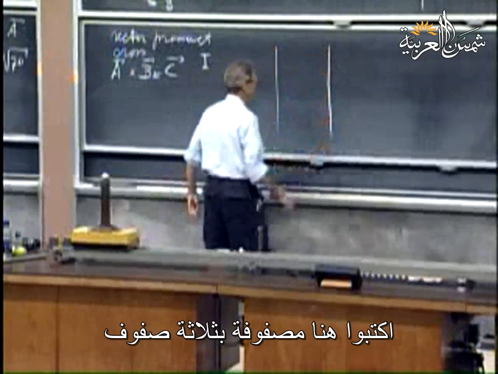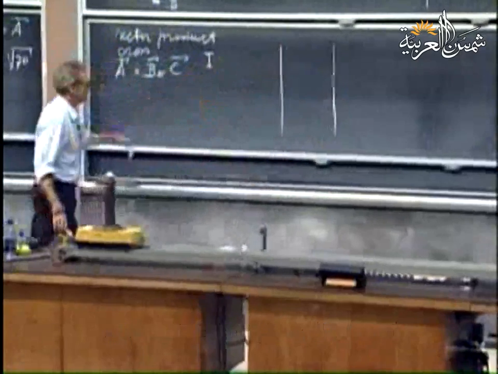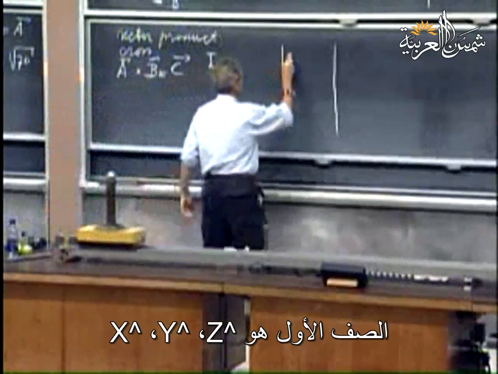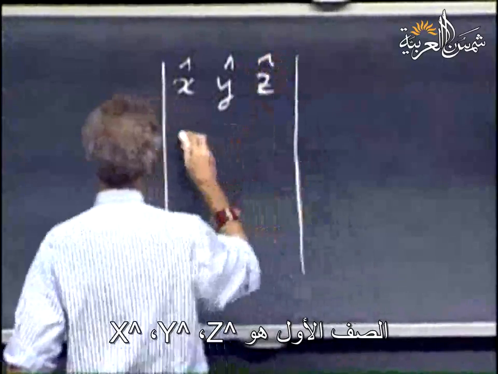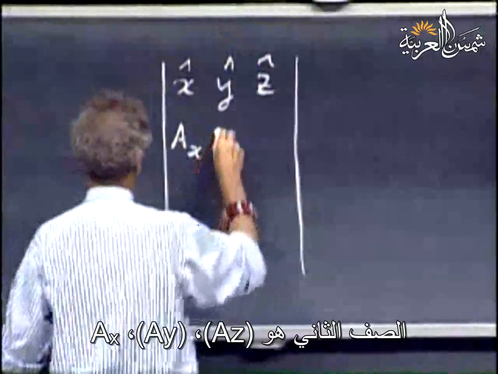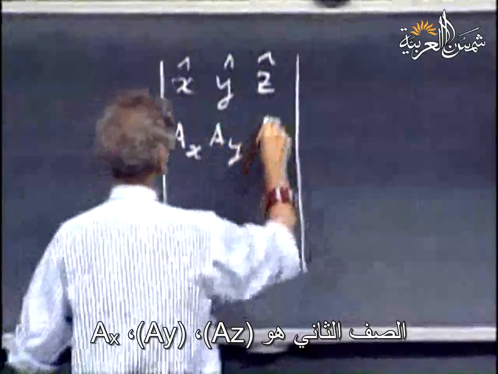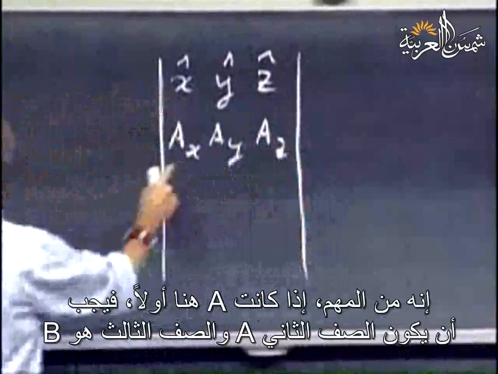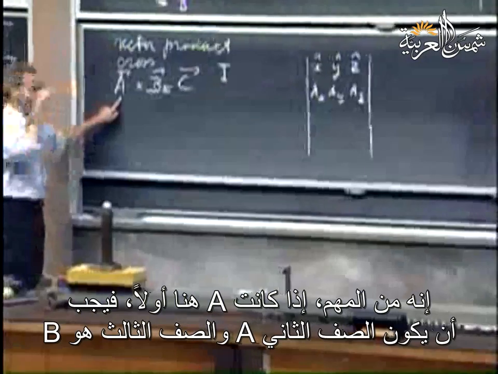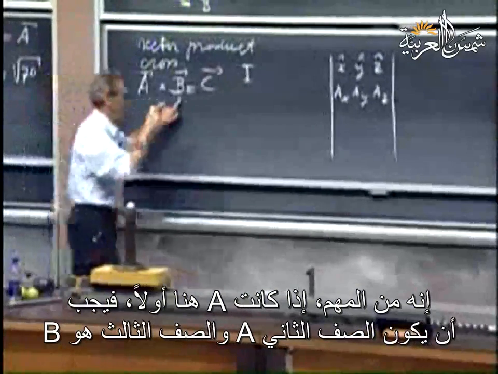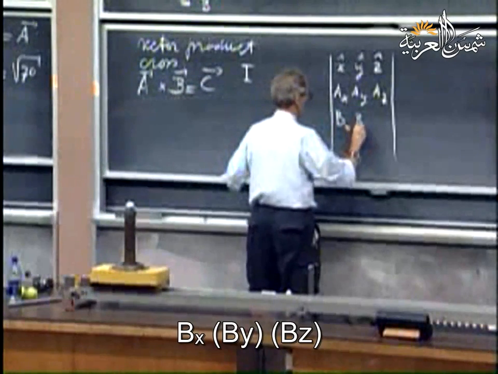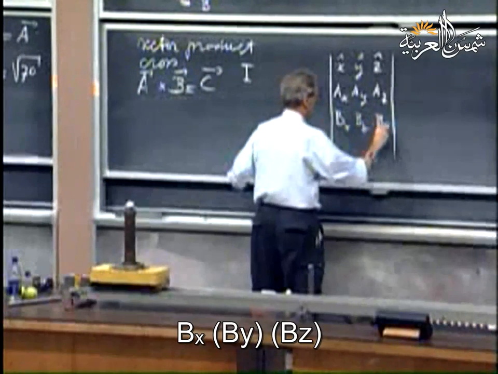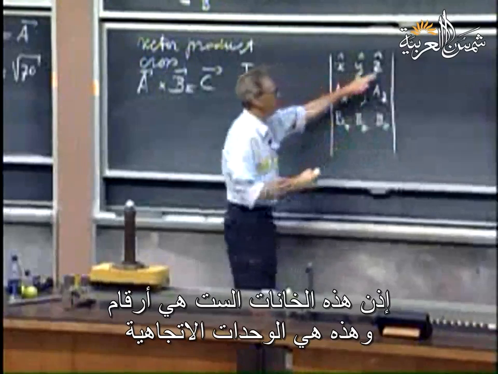You write down here a matrix with 3 rows. The first row is X roof, Y roof, Z roof. The second one is A of X, A of Y, A of Z. It's important, if A is here first, that second row must be A. And the third row is then B. B of X, B of Y, B of Z. So these 6 are numbers, and these are the unit vectors.